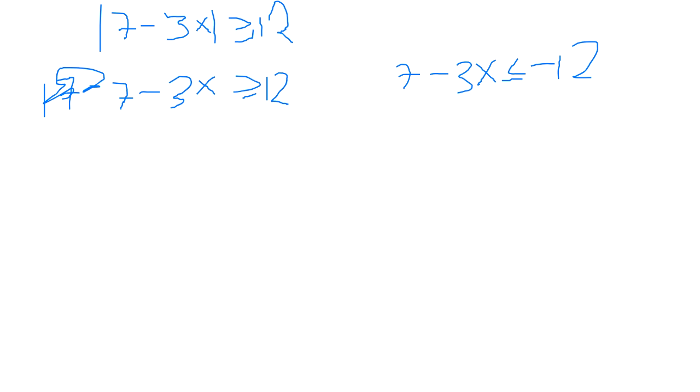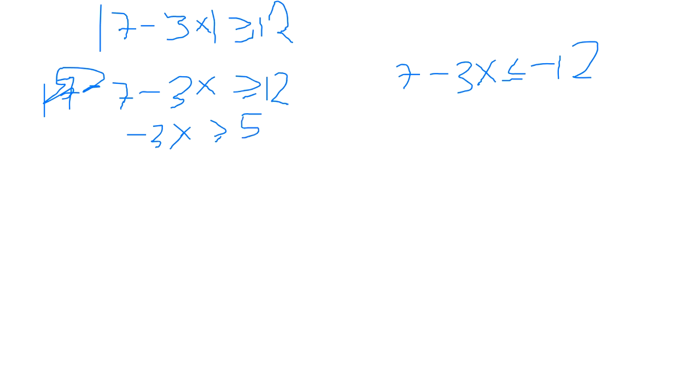Is this one understood before we go on? Yeah, I understand, sir. Okay, good. So here, if I simplify this, I can get minus 3x greater than or equal to 5.